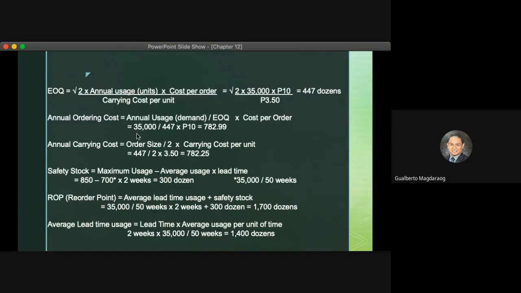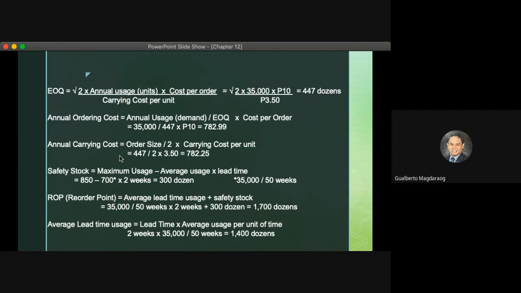For the total annual ordering cost, that's 35,000 over 447, you will get the number of times you will order in a year. Multiply by the ordering cost of 10, that's 782.99.